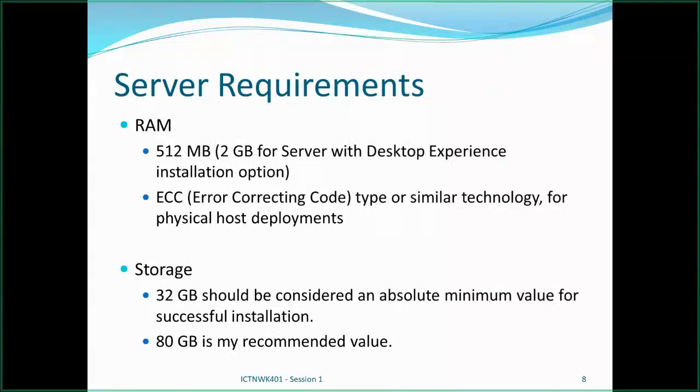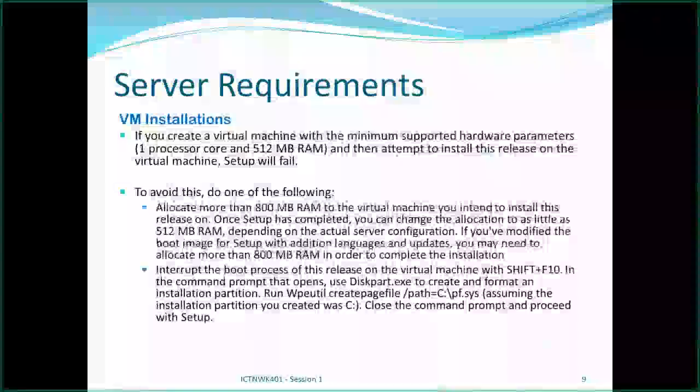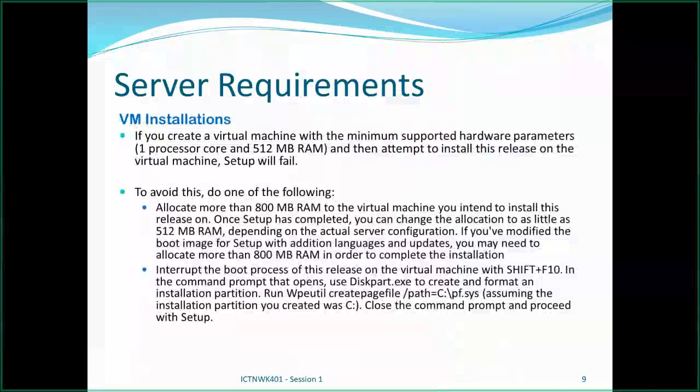Storage, minimum 32 gigabytes. Okay, I recommend at least 80 gigabytes and setting up a second partition within that, just to separate your storage functionality and things like that from the operating system. So, as I said, your VM installation basically needs at least one processor core dedicated to the VM.